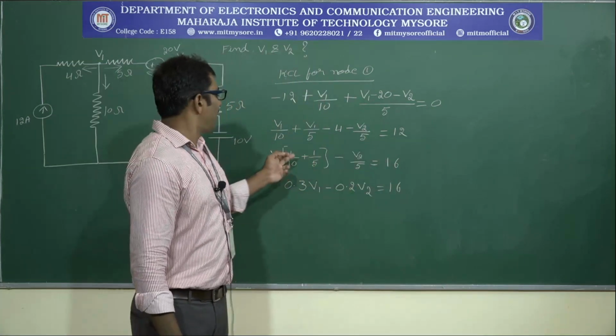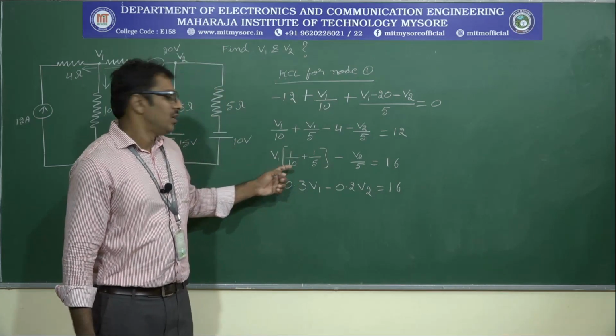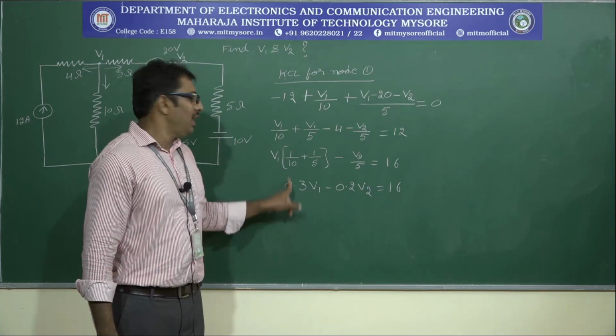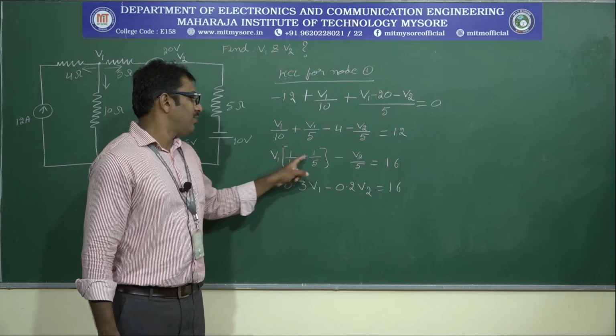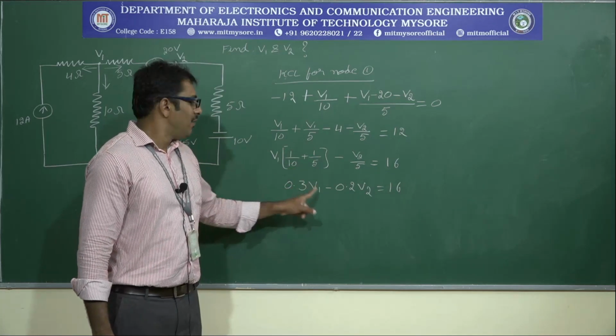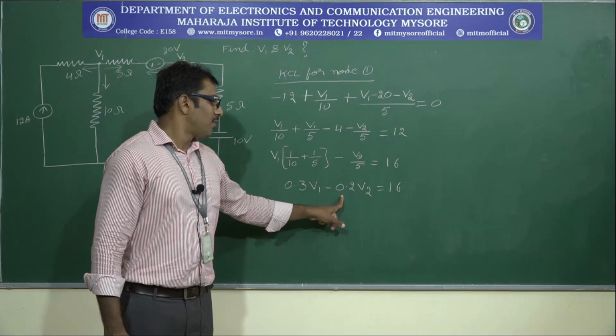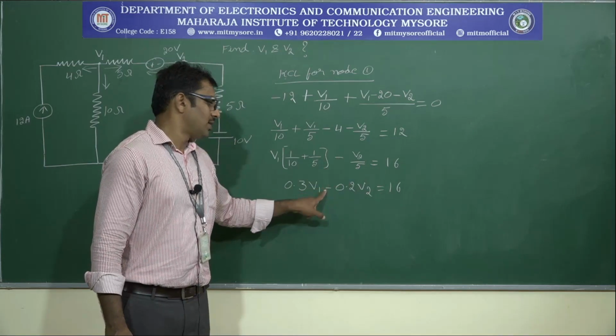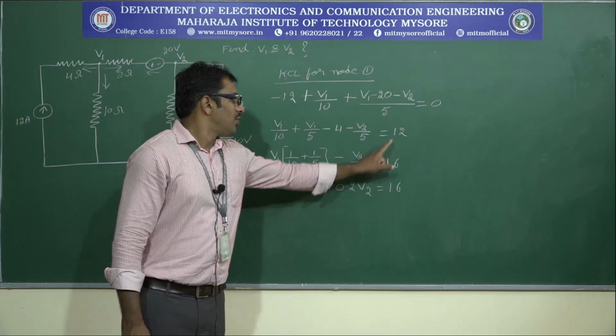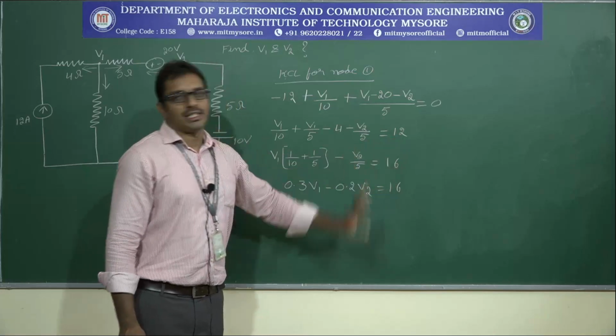After simplifying the above equation, 1 by 10 plus 1 by 5 is 0.3 V1, plus 1 by 5, 0.2 V2 with a minus sign, equal to 12 plus 4, 16.